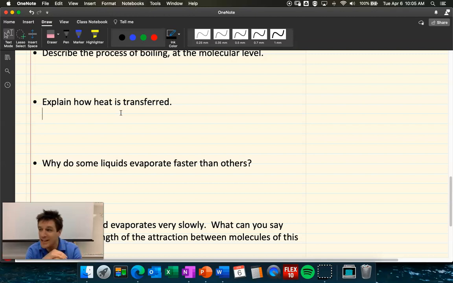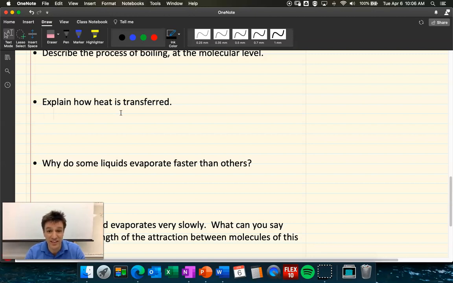So when you have a hot object next to a cold object, like a pot of water on the stove that is hot, all that's happening is the particles on the stove are moving really fast because they're hot. And when they do that, they smash into the particles of the water and the pot, and that makes them go faster.